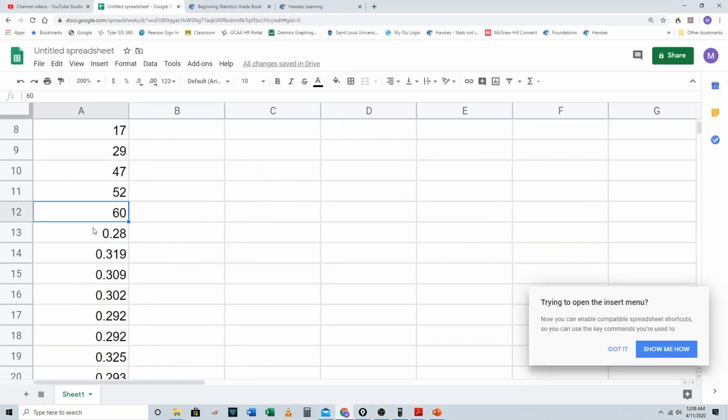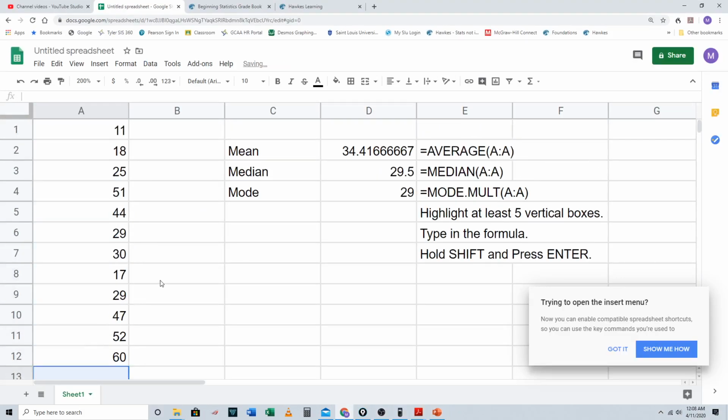More numbers on down here. So, all right.